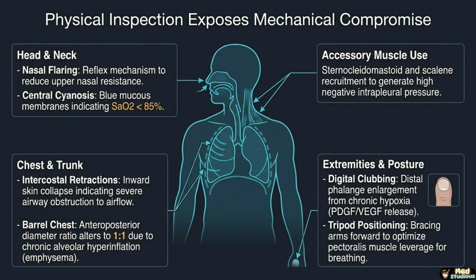And in the extremities, digital clubbing, enlargement of the fingertips, develops from chronic hypoxia, driving the release of growth factors like PDGF and VEGF. Patients in severe distress often adopt tripod positioning, bracing their arms forward to optimize the leverage of their chest muscles.